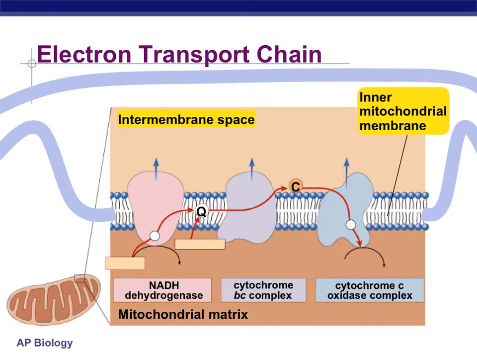So this is that respiratory chain that we talked about. There's the inner mitochondrial membrane here, and each of these proteins set up in a linear fashion make up the respiratory chain. That's the redox carrier proteins that are embedded in the membrane. Each one is specific for either NADH or FADH2, but that doesn't matter to us.